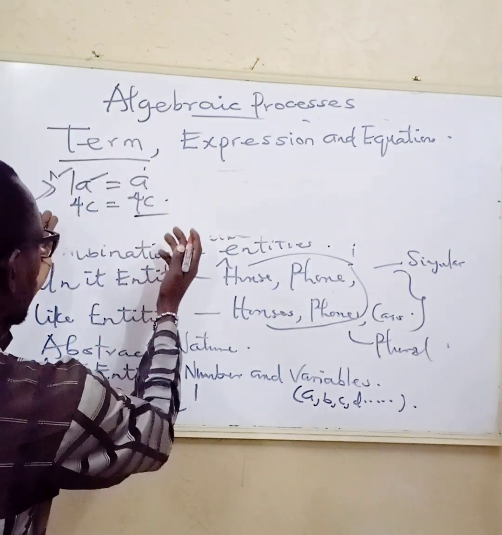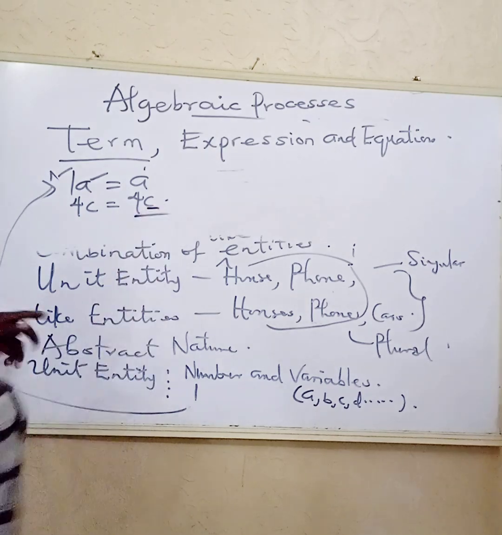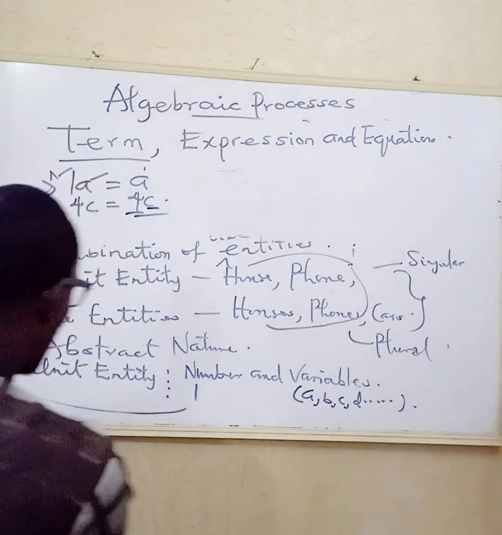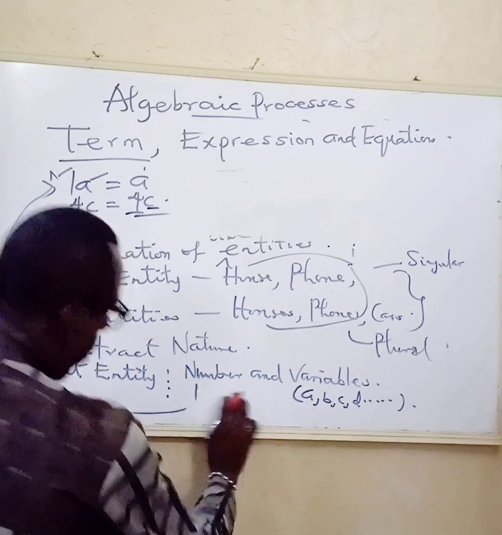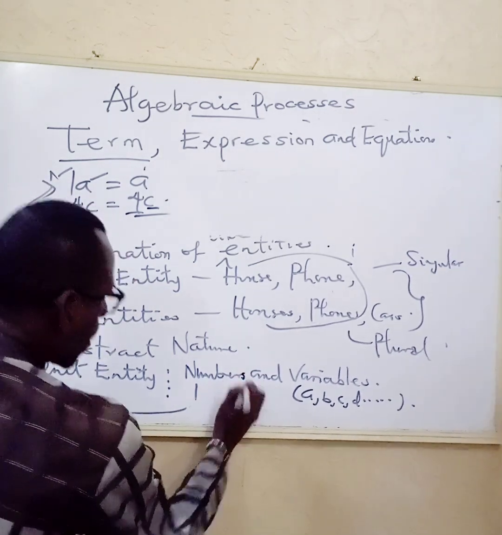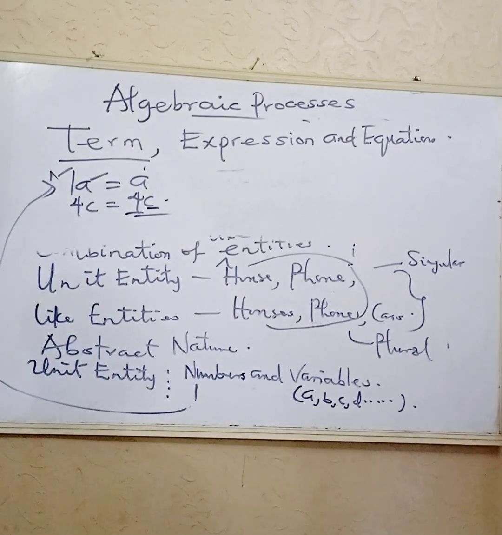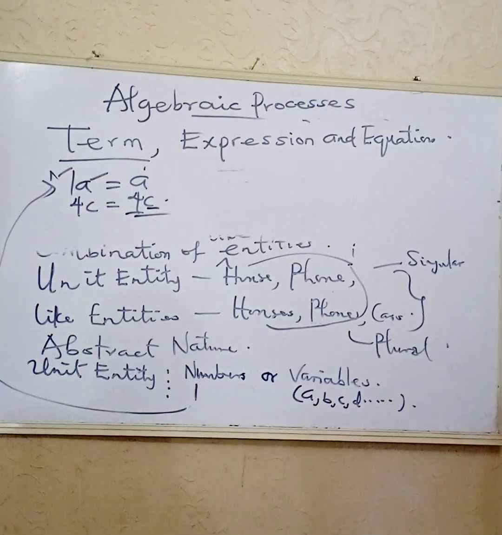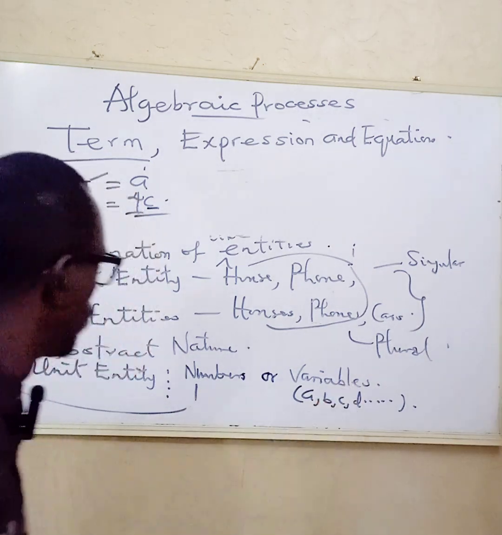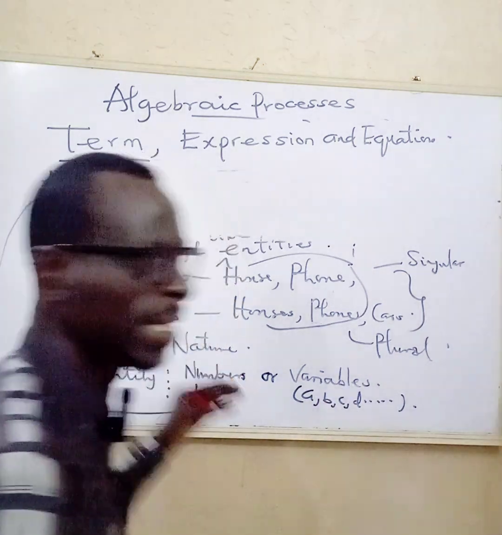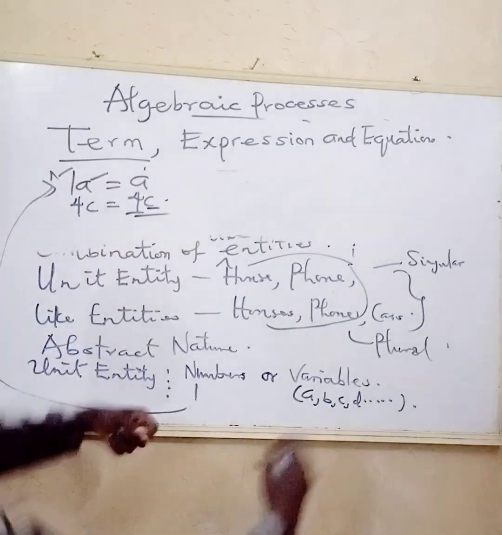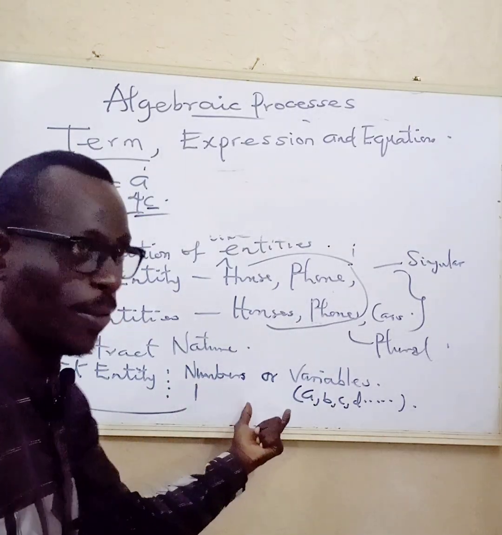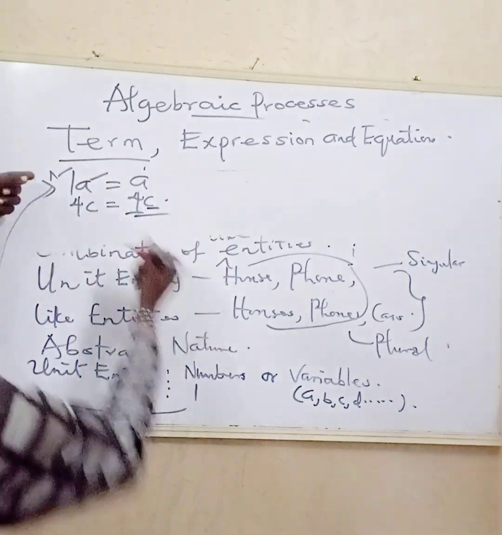This is a combined entity now. We have C, this is a term. 4 is a term. We can see here that the unit entity is either number and what? Variables. This should be all. It is either the two, numbers or variables. But the like entities, combination of like entities should be multiplication or division of numbers and variables.